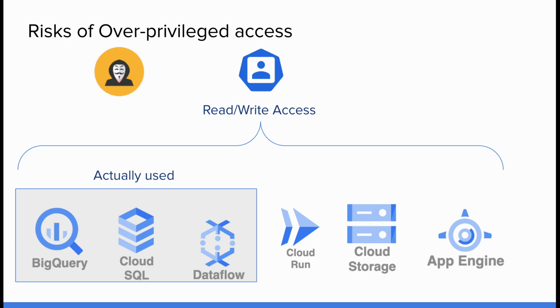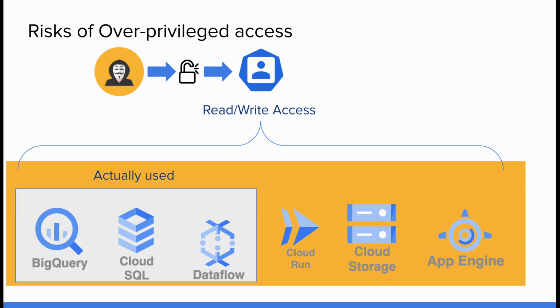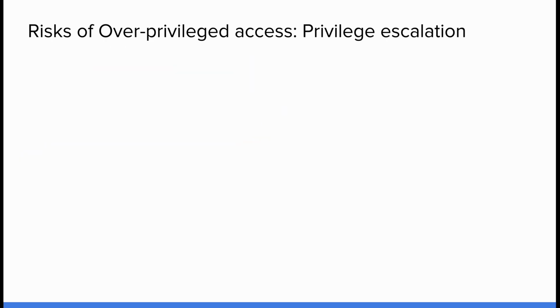If a hacker is able to unlock their account and hijack it, then the hacker would suddenly have access to not just the few services that they actually use, BigQuery, Cloud SQL, and Dataflow, but the other services as well. So the blast radius of a hack is larger as a result of this overprivileged access, again showing how overprivileged access is a security risk.